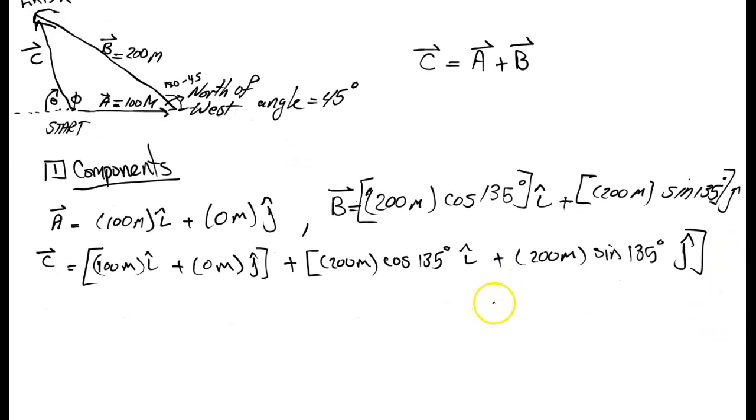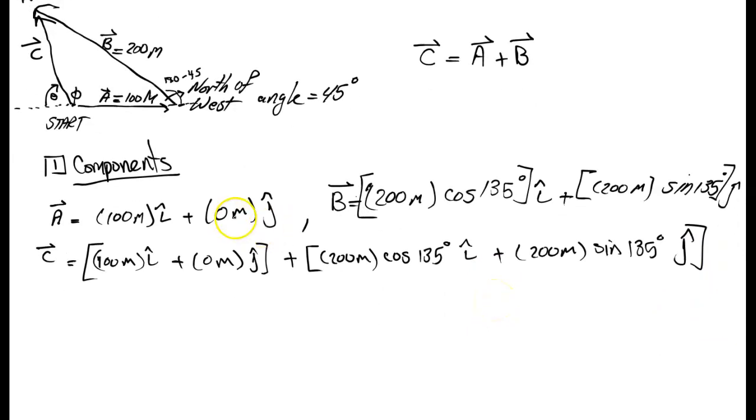And if we look at vector summation, we notice that we can add the I terms together and we can add the J terms together. This is what you've done as combining like terms in your algebra class.